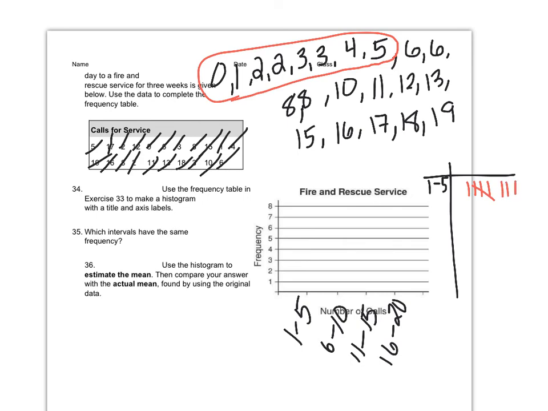Okay, for 6 through 10, 5 numbers happen there. So 1, 2, 3, 4, 5. So doing tally marks helps. Okay, next, 11 through 15.